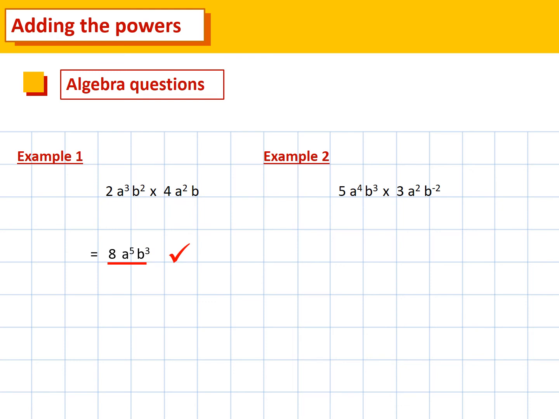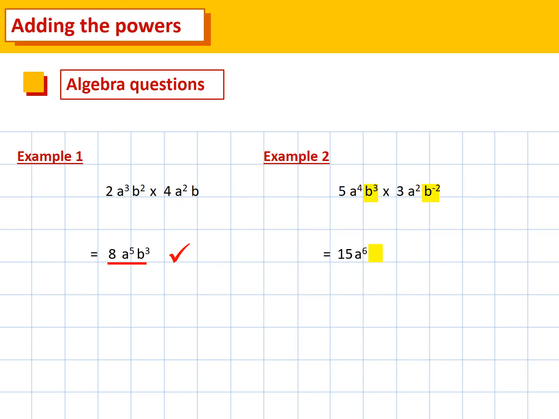In example 2, we deal with the number at the front first. 5 times 3, that's easy, 15. The a term, a to the power of 4 times a squared, we add the powers, and the b term, b cubed times b to the negative 2, we add the powers.